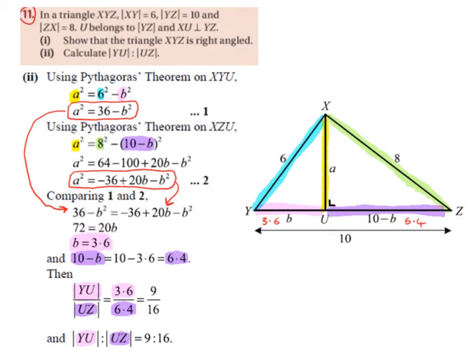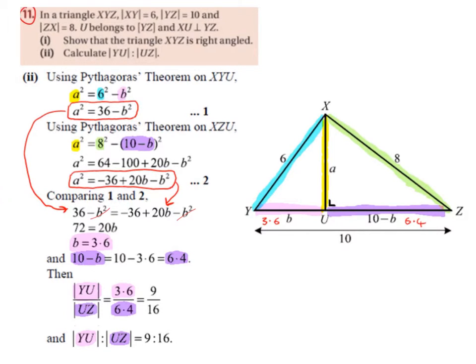We can cancel out the minus B squareds on either side. The minus 36 comes over, and the equal sign becomes plus 36. 36 plus 36 is 72. This is equal to 20B. Dividing across by 20, we get B is equal to 3.6. So B, which is YU, is 3.6.